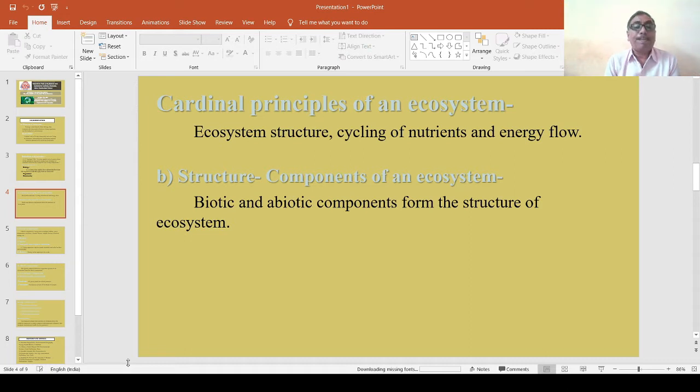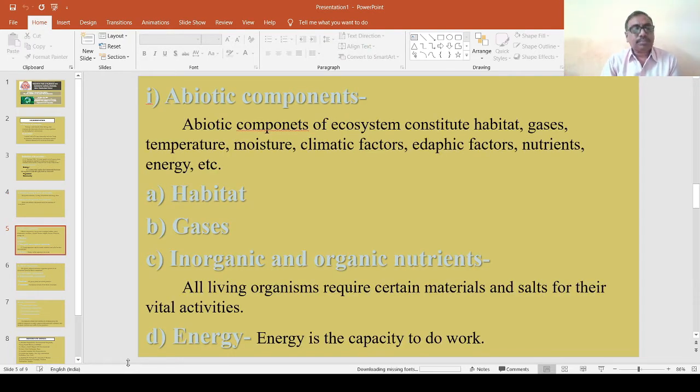Geographical factors play an important role to form an ecosystem, and the types are divided into different ones. These are the location, climate, soil, vegetation, rock, minerals, etc. While discussing the structure of an ecosystem, as we know, the structure of an ecosystem is composed of biotic and abiotic factors.